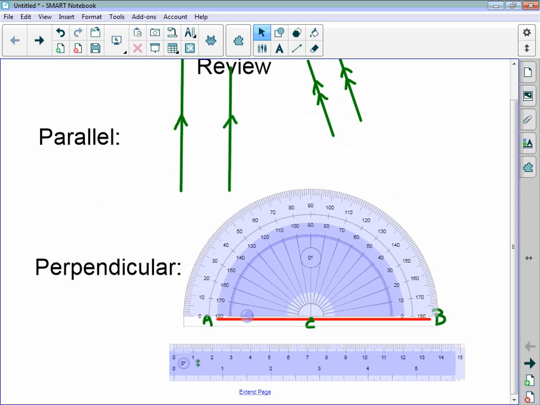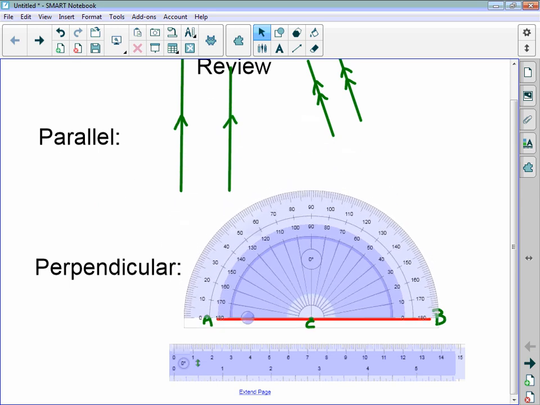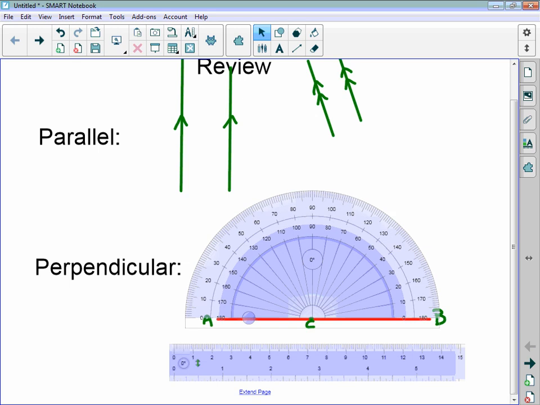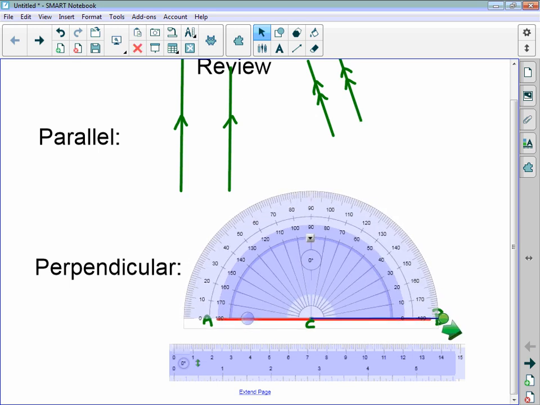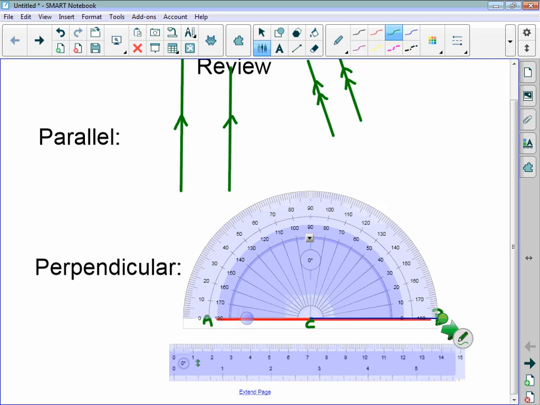I am going to put where it meets in the middle right on that point. Okay, and then right at the 90-degree point, I am going to put a little mark.